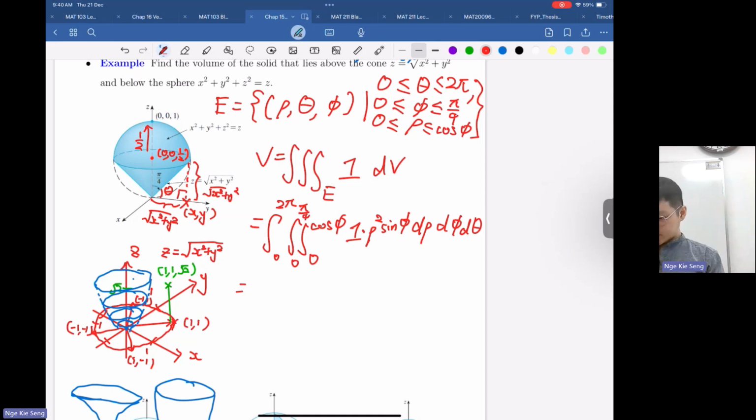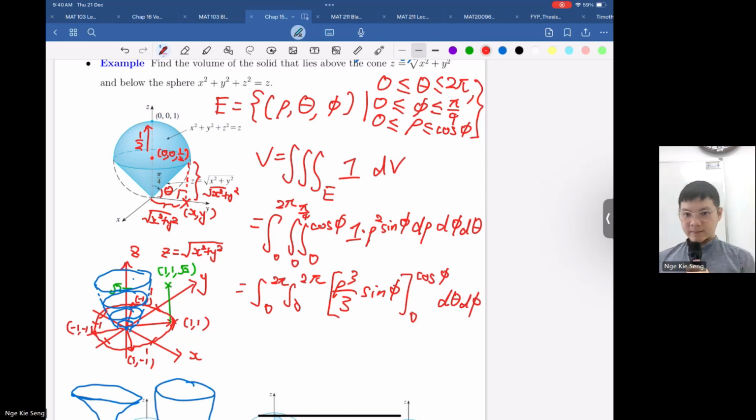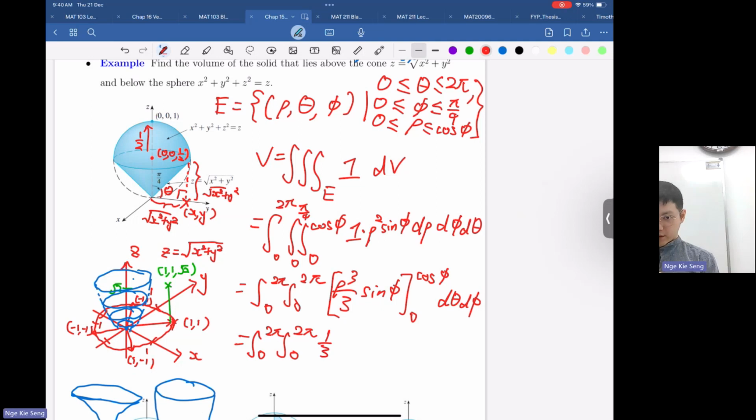Integrating with respect to rho first, rho squared gives rho cubed over 3, from 0 to cos phi, d theta d phi. In this case you will get cos cubed phi over 3 times sine phi, d theta d phi.